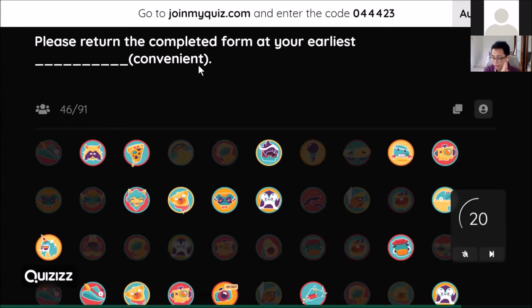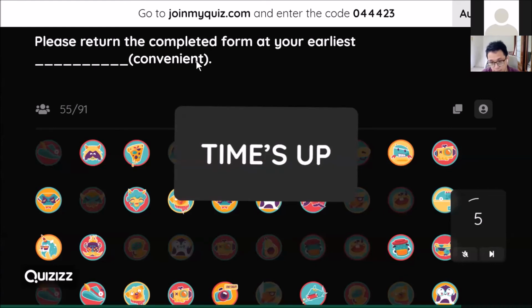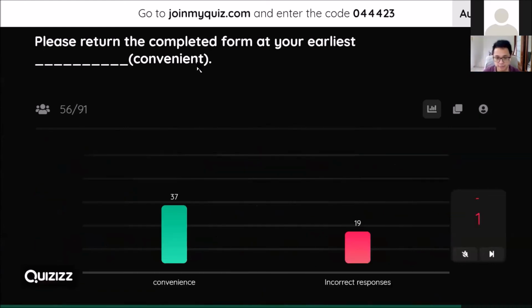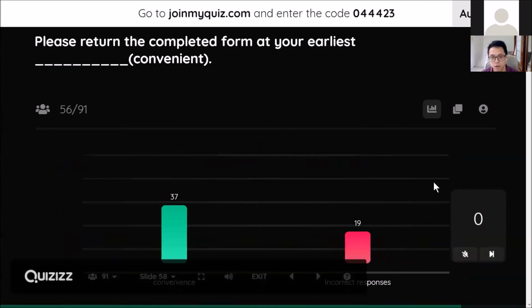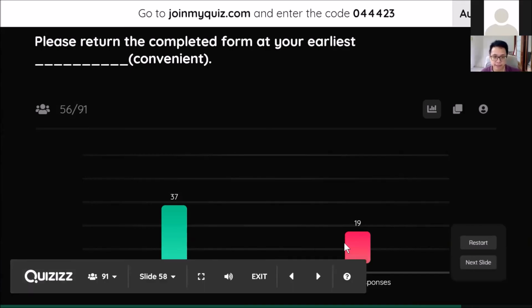So a lot of adjectives, they end in ent. Then when you change into noun, you change it to ence. So at your earliest convenience. Okay, you change it into at your earliest convenience. Yep. So a lot of words have the same pattern.